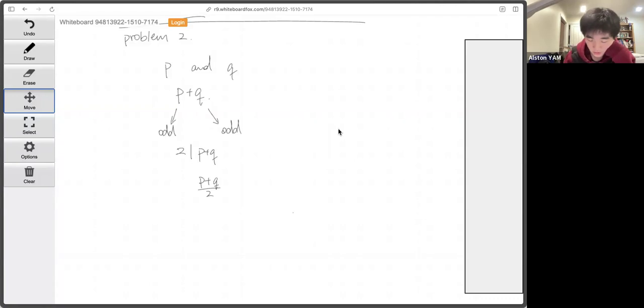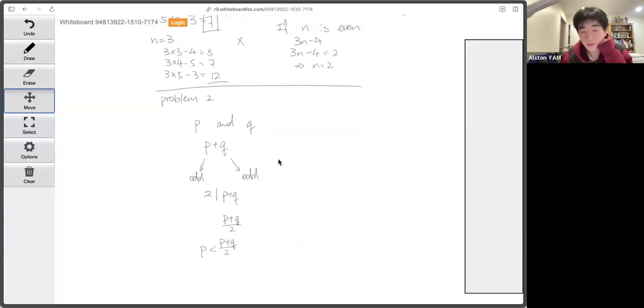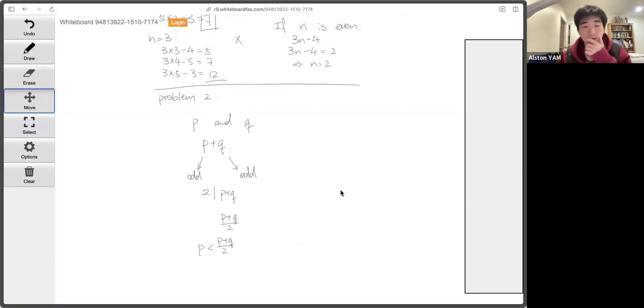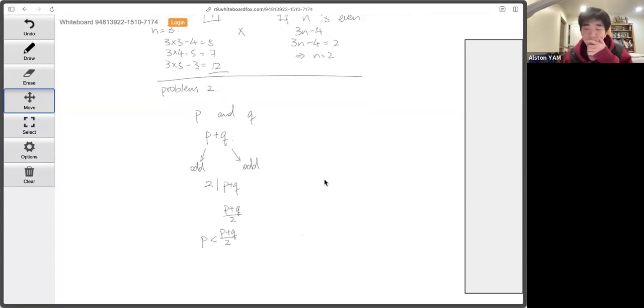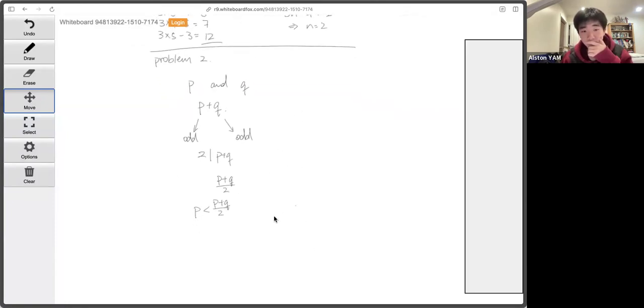The interesting thing we have to notice is that (P plus Q) over 2 will be strictly larger than P, because P and Q are not equal.